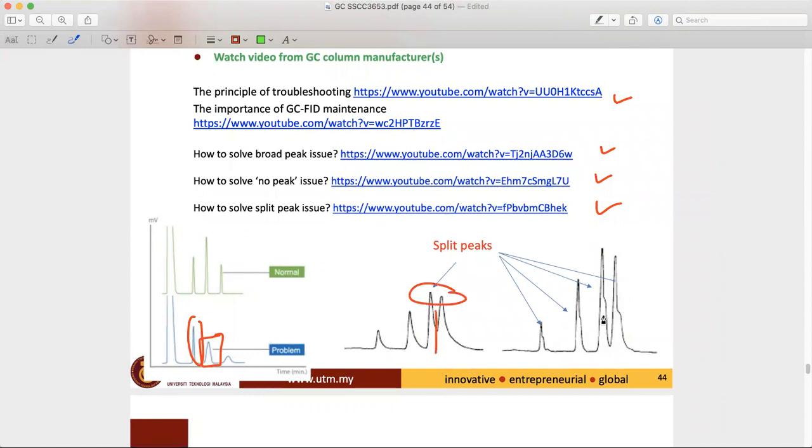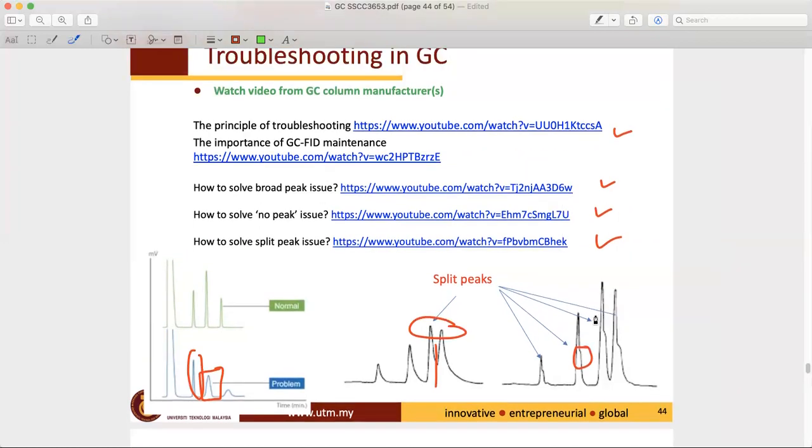And then, for example, when you see this kind of peak, it goes up and then goes down, but there is a bump here. This one also has a bump, this one also has a bump. Usually there is another peak here. All of these issues you can find out in the YouTube video.